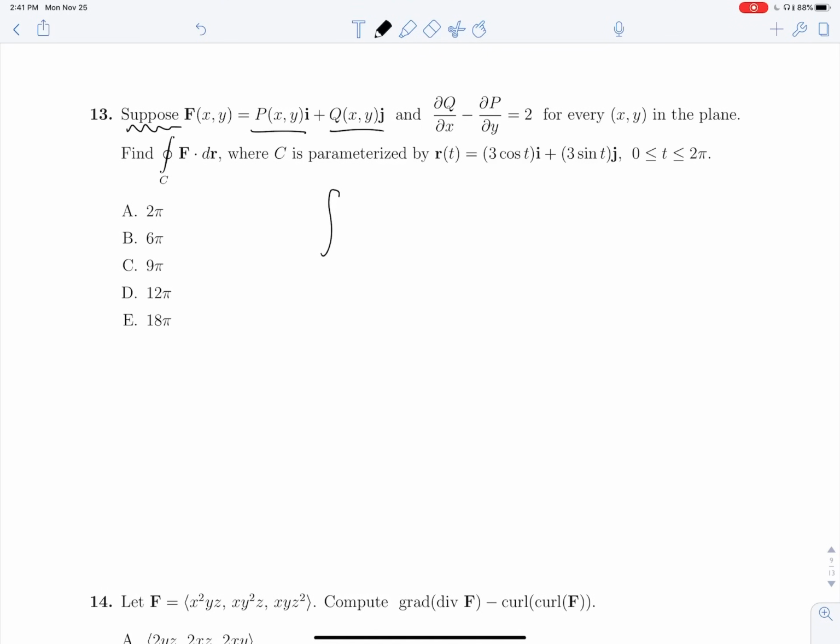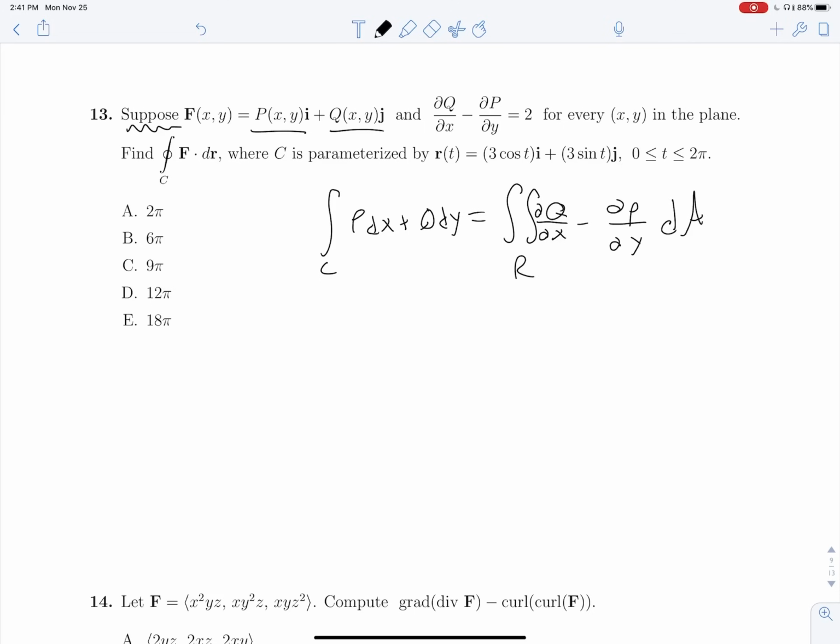If we remember, we can write the integral over C of F dot dr, not F dot dr, of P dx plus Q dy, as the same thing as the double integral over the region R of the partial derivative of Q with respect to x minus the partial derivative of P with respect to y dA.